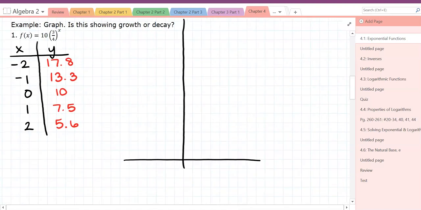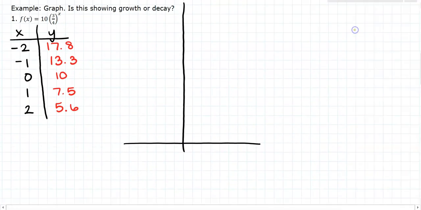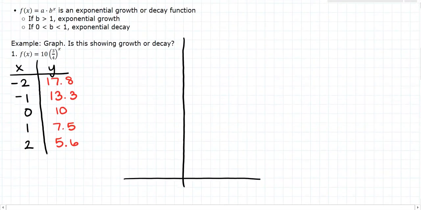So let's see, I might have to go out just a little bit more. That first one is at -2, 17.8. So way up there. -1 is at 13.3.